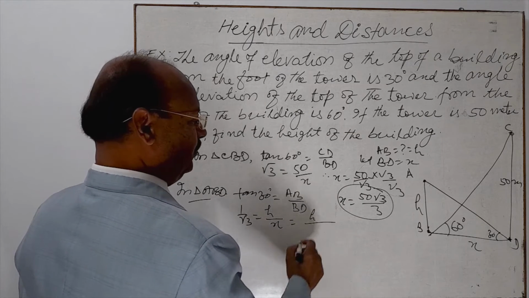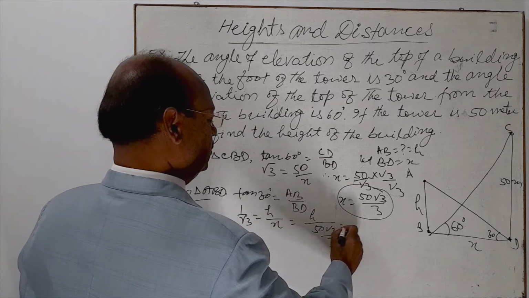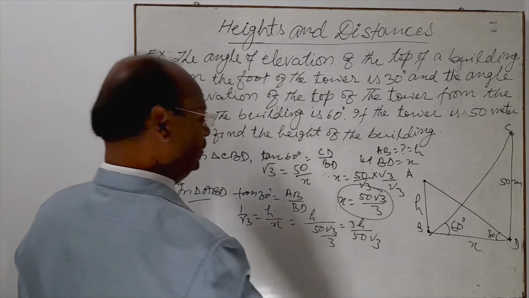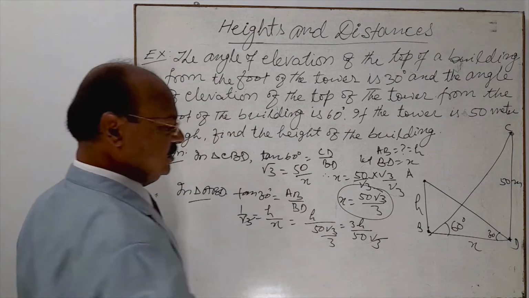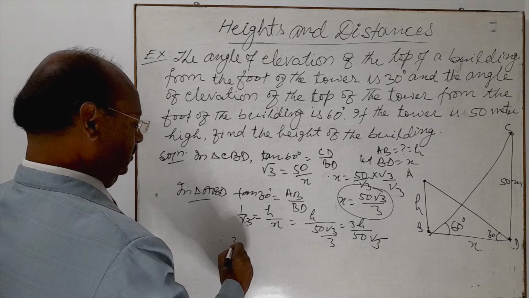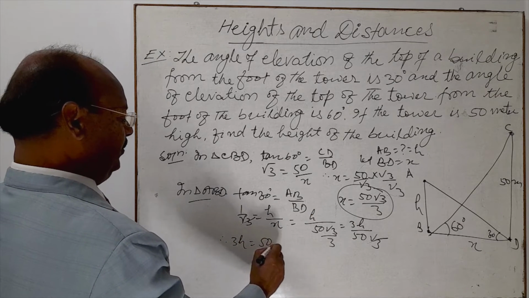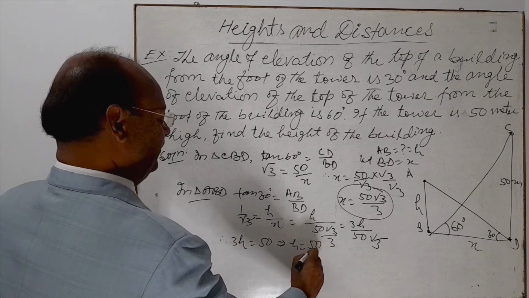So H by X is 50 root 3 upon 3. So this becomes 3H by 50 root 3. Here root 3 will be cancelled out from both sides. So by cross multiplication, 3H is equal to 50 and H is equal to 50 by 3.